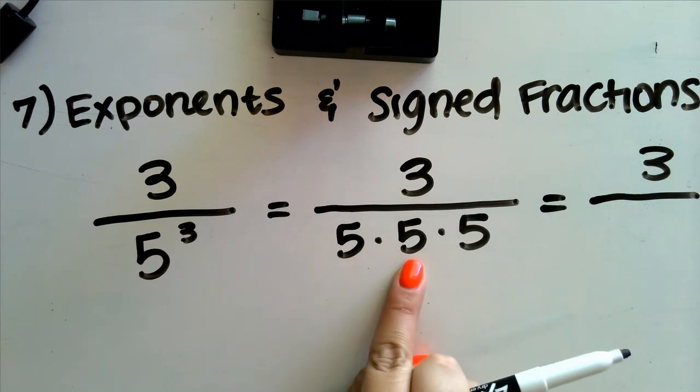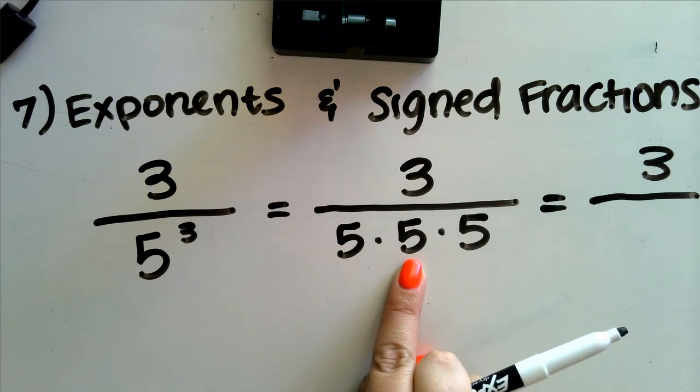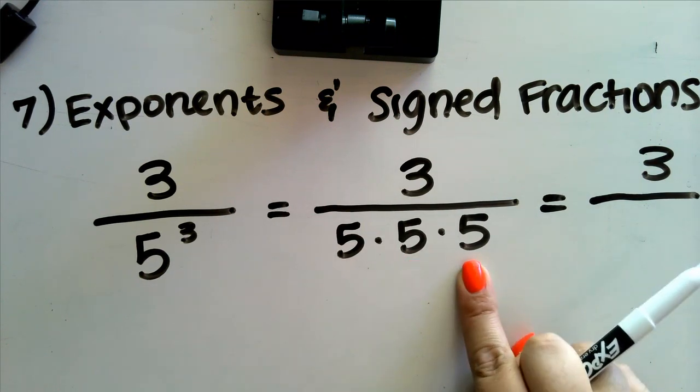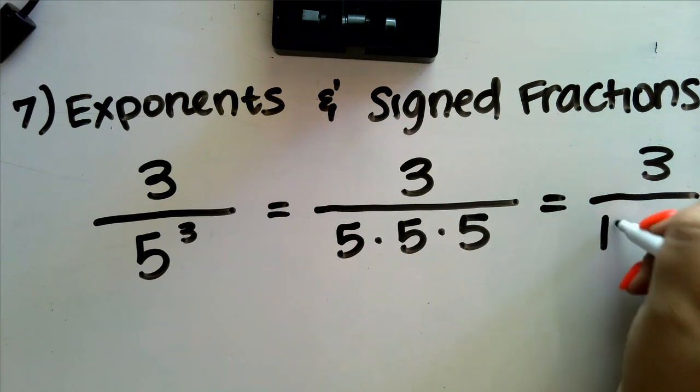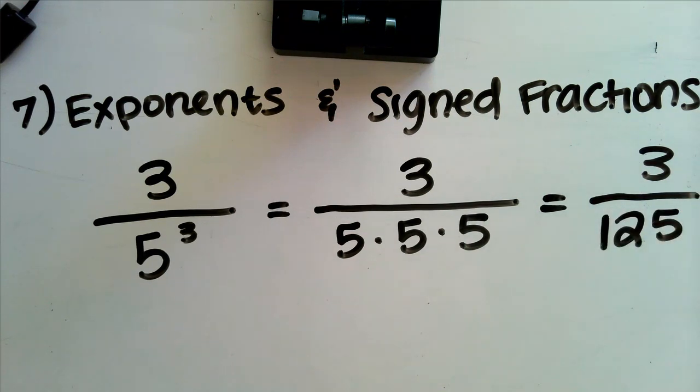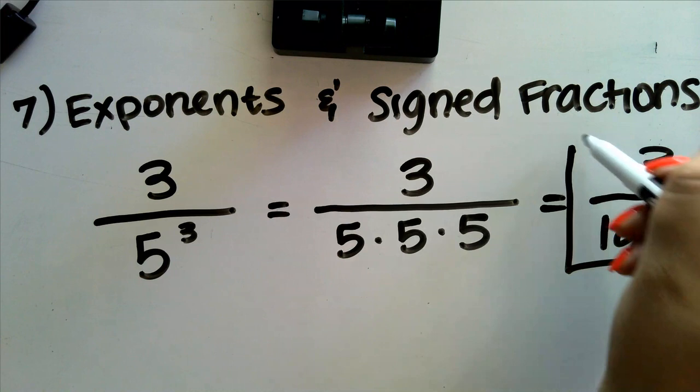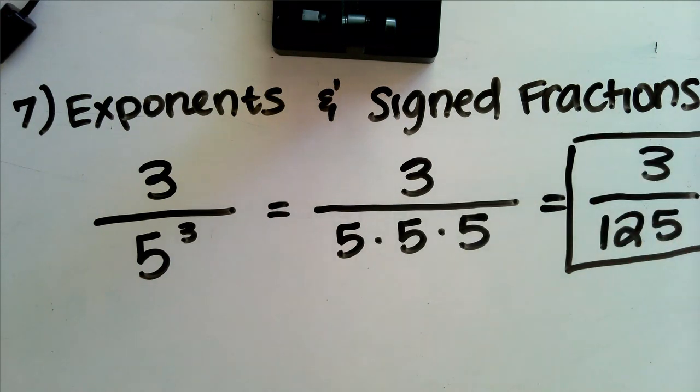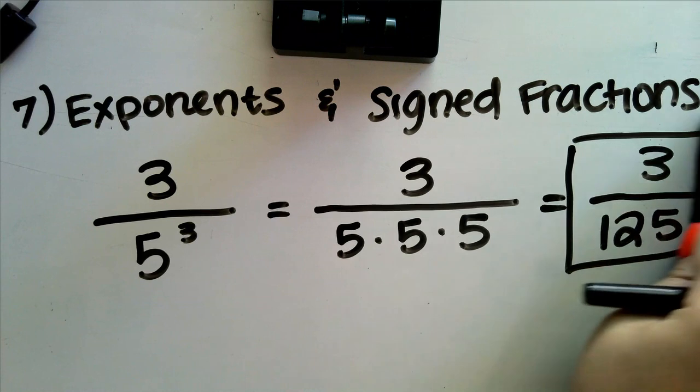I know that 5 times 5 is 25, and 25 times 5 is 125. So I know that 3 over 5 to the third power is the same thing as 3 over 125. They are equal to one another. Okay, let's go ahead and do one more example.